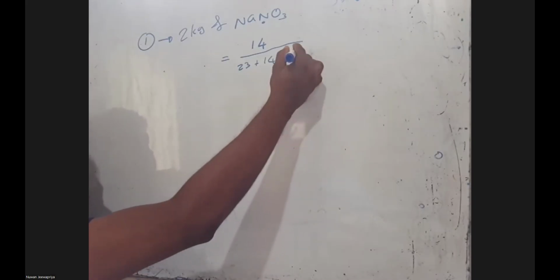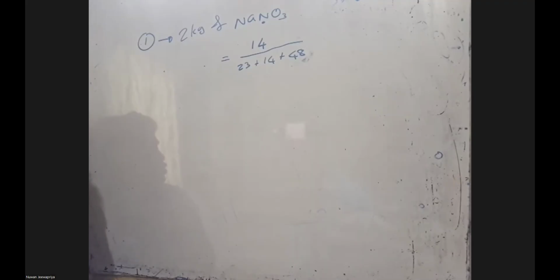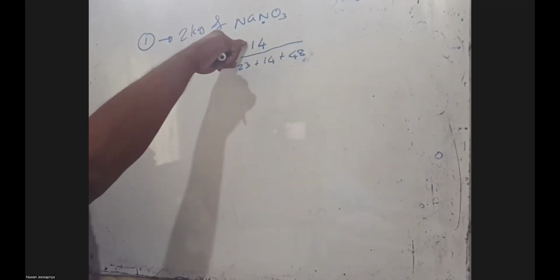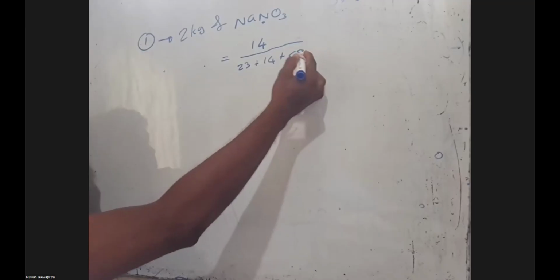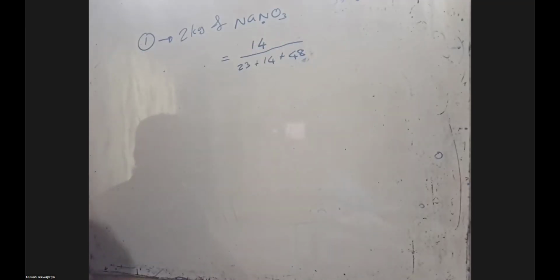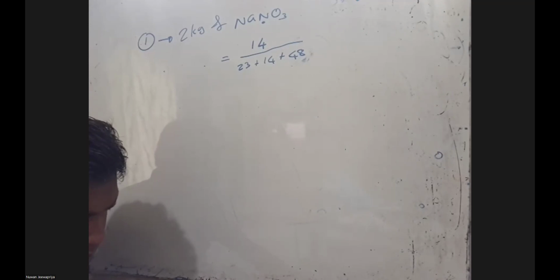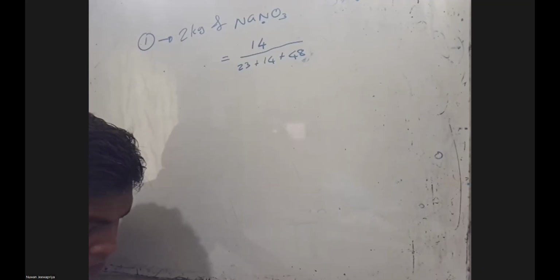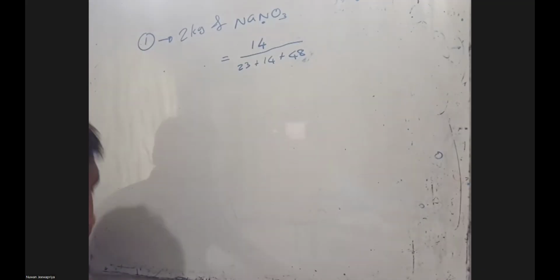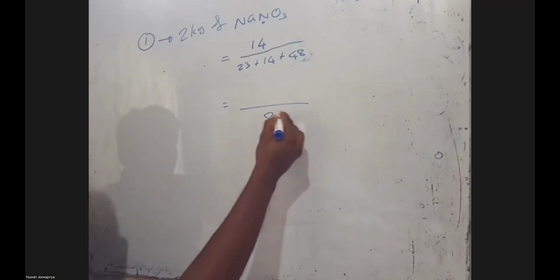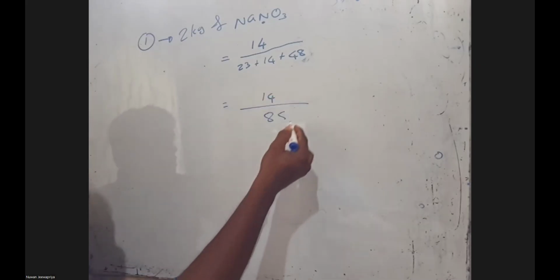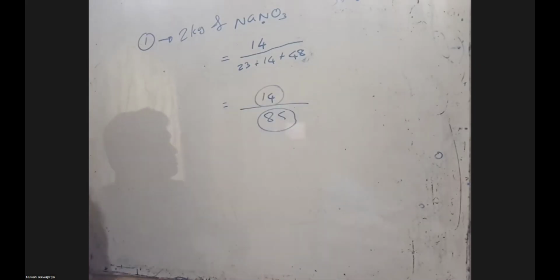So this is the mass of nitrogen, and this is the total mass. 14 plus 23 plus 48 equals 85. So out of 85, 14 grams is nitrogen.